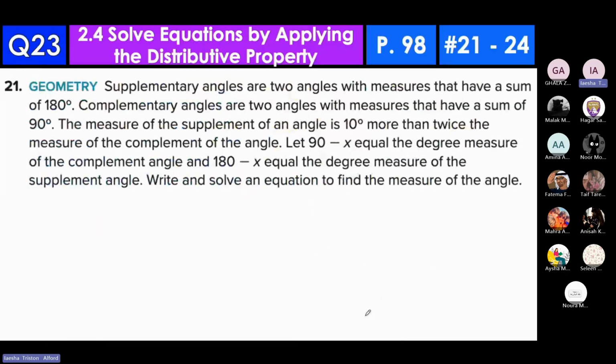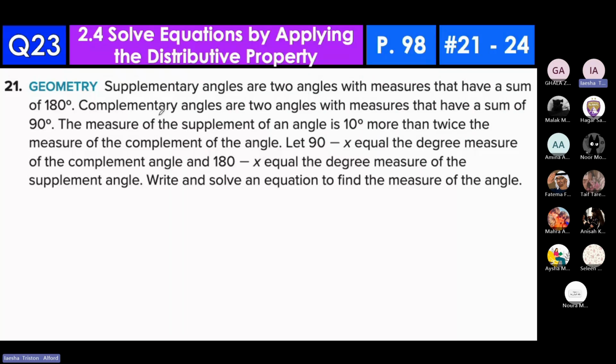So there's one more question that Wizarda has in question number 21. It is a very, very long word problem. So what it says here, supplementary angles are two angles with measures that have a sum of 180 degrees. Complementary angles are two angles with measures that have a sum of 90.